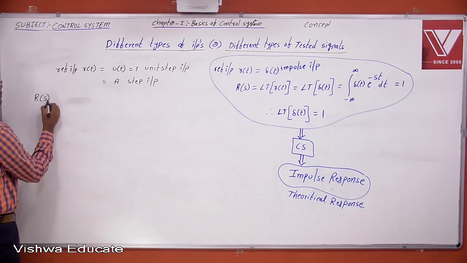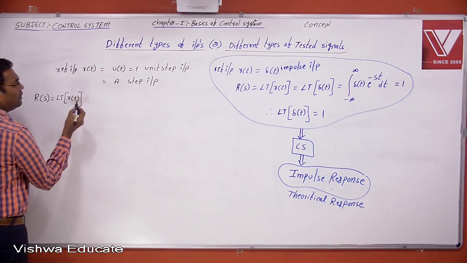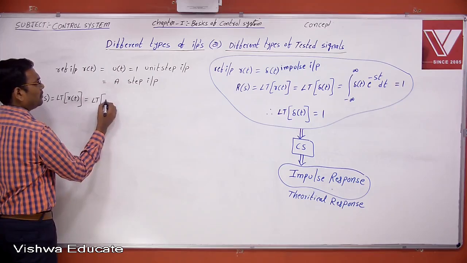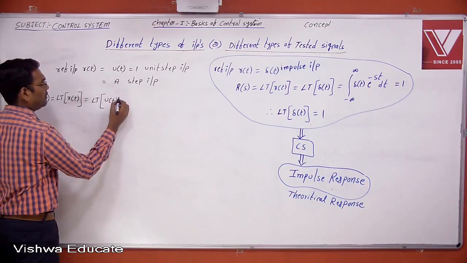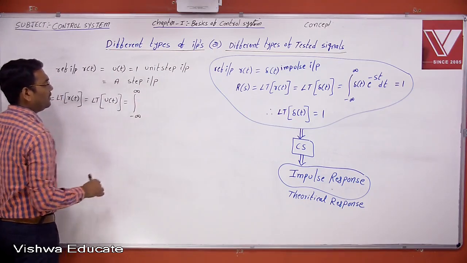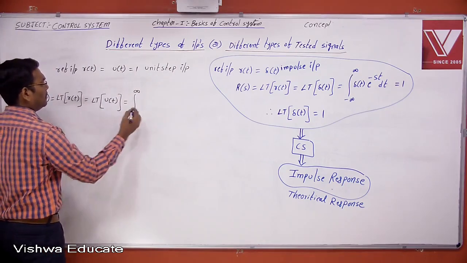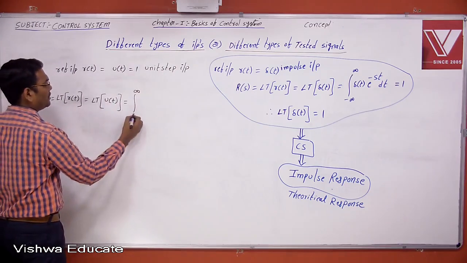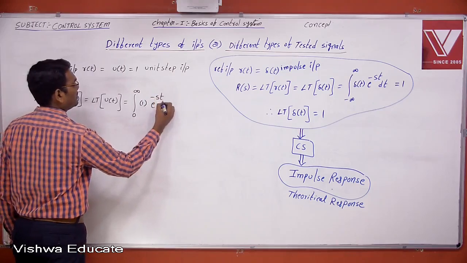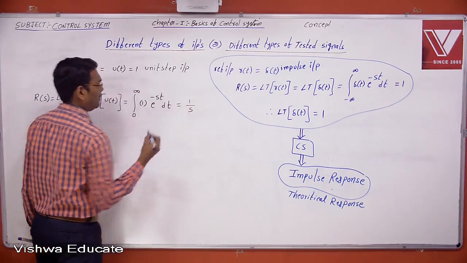R(s) is equal to the Laplace transformation of r(t), which is the Laplace transformation of u(t), which is the integral from minus infinity to infinity, but since this is u(t), it is for positive values, therefore 0 to infinity, magnitude 1, e^(-st) dt. If you simplify, this is nothing but 1/s.